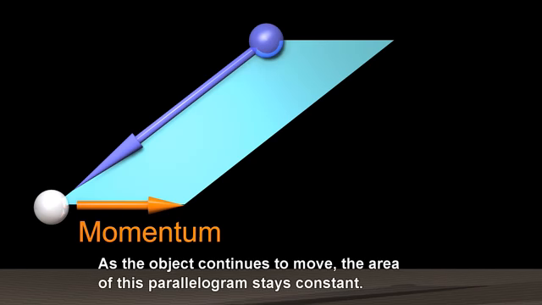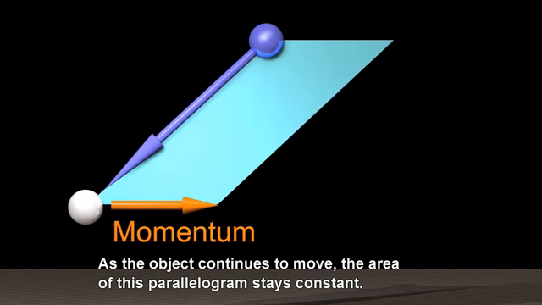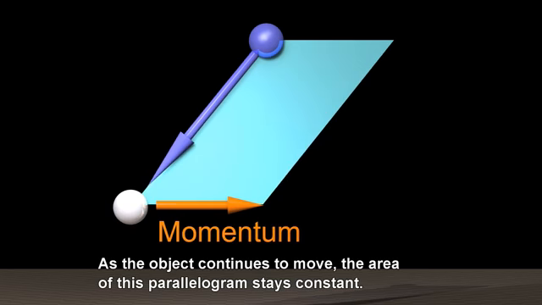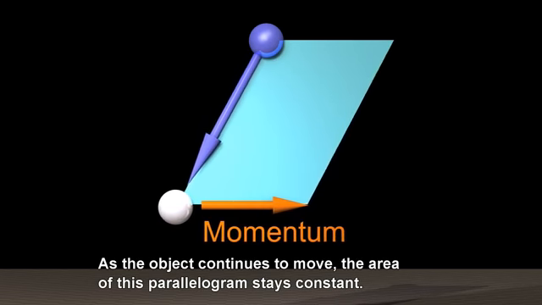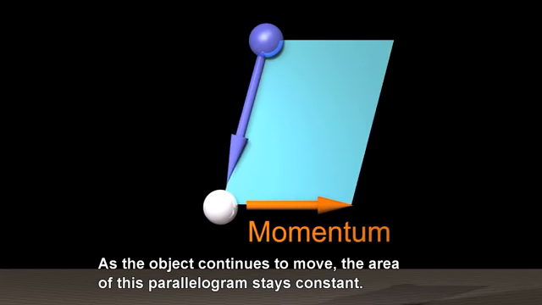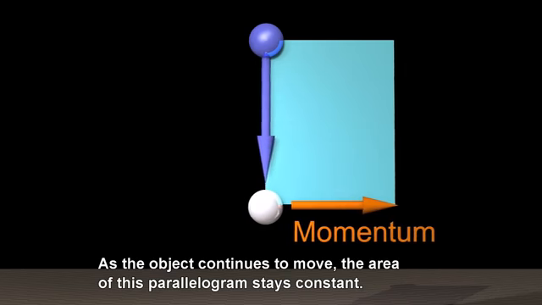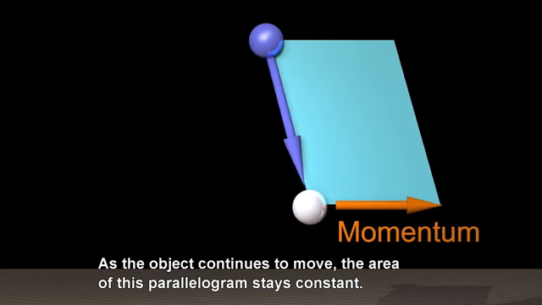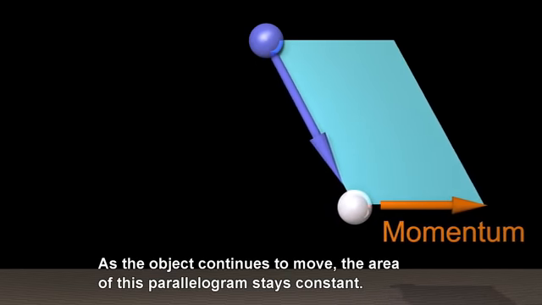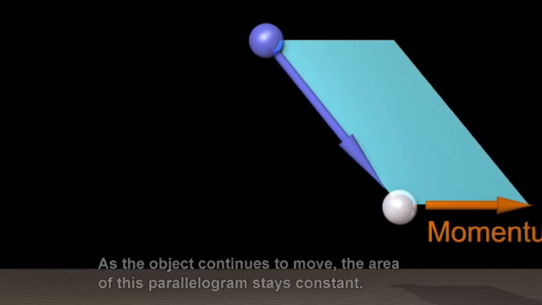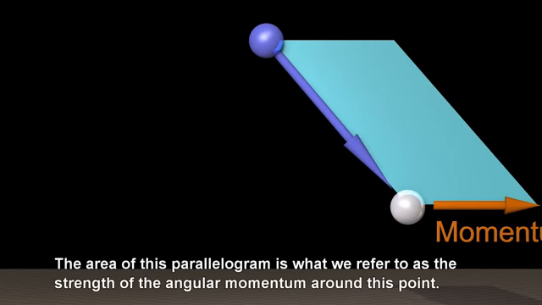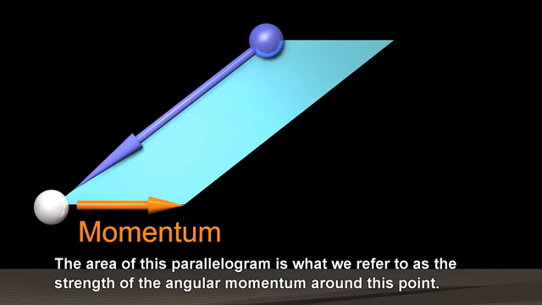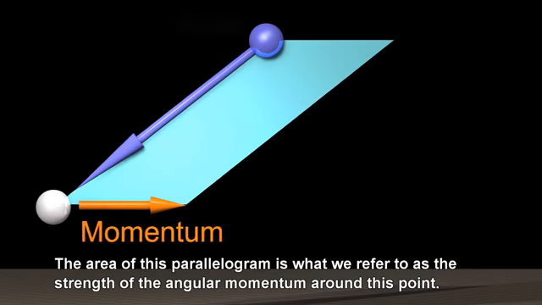As the object continues to move, the area of this parallelogram stays constant. The area of this parallelogram is what we refer to as the strength of the angular momentum around this point.